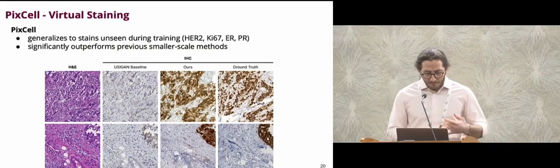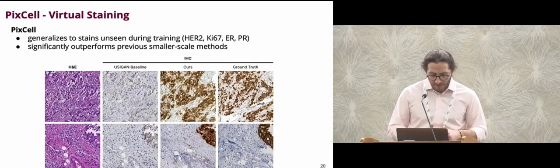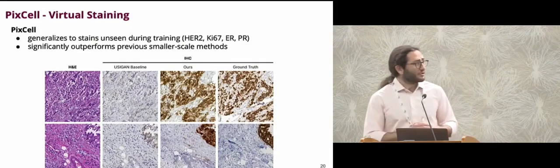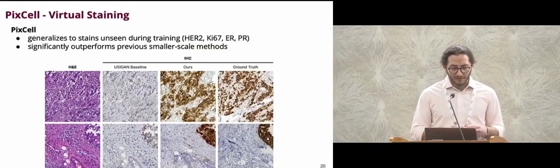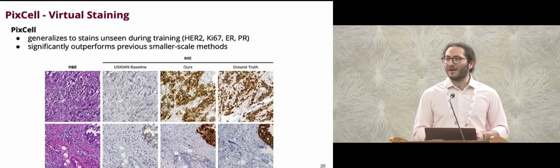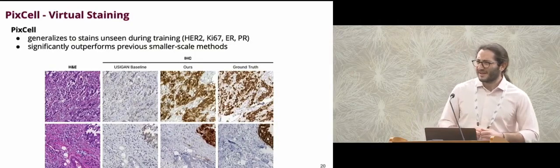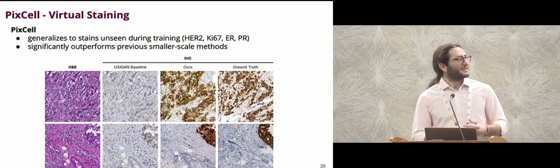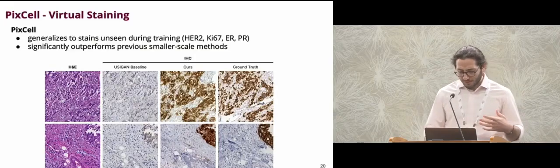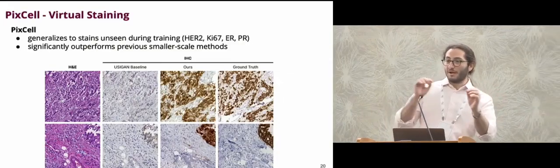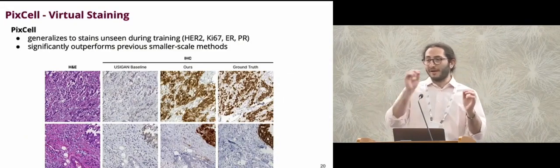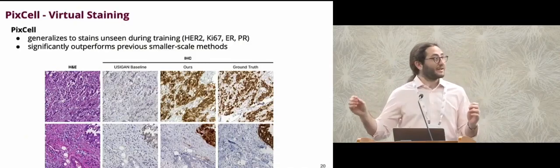So here we have some images from Pixel that are generated using embeddings of IHC images. And when we found that out, we thought that this is a very good way to do virtual staining in a way that follows the semantics that we want. This way we're able to do virtual staining by just translating Uni embeddings from H&E images to Uni embeddings from IHC images.